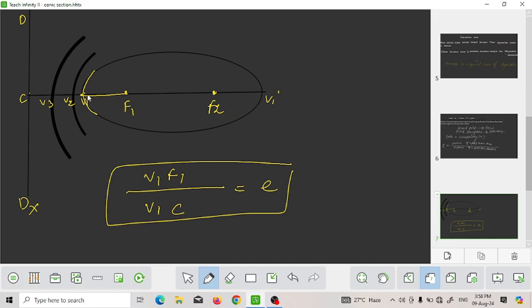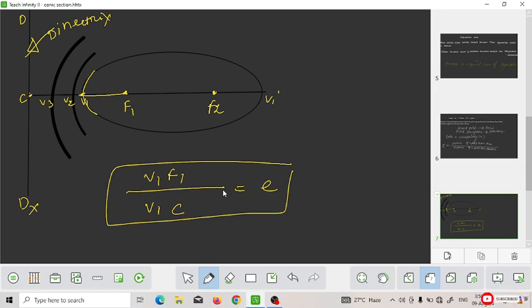The distance of this point from the focus, and from this point to the directrix, this line is called the directrix. And this eccentricity is always fixed, and this ratio is always fixed.